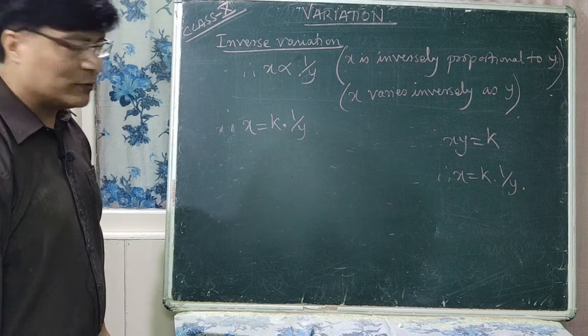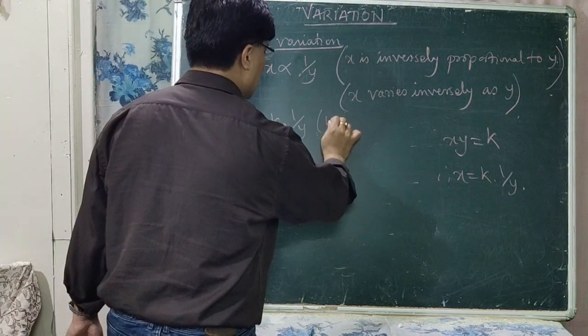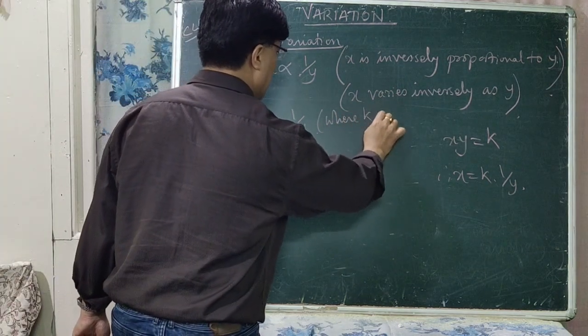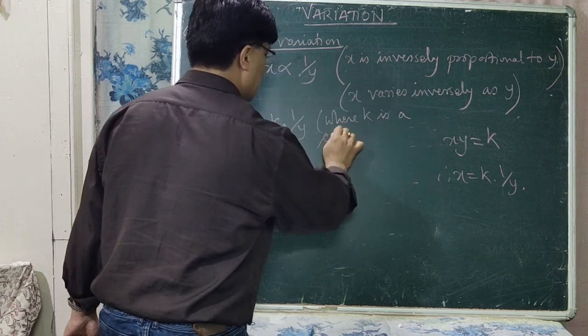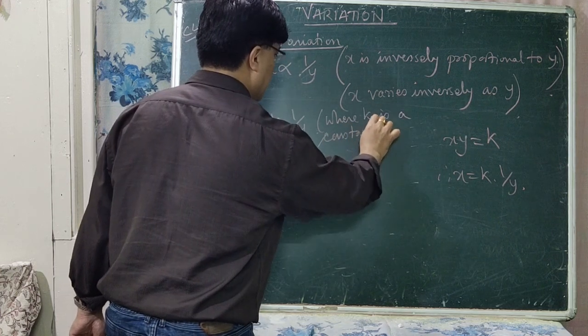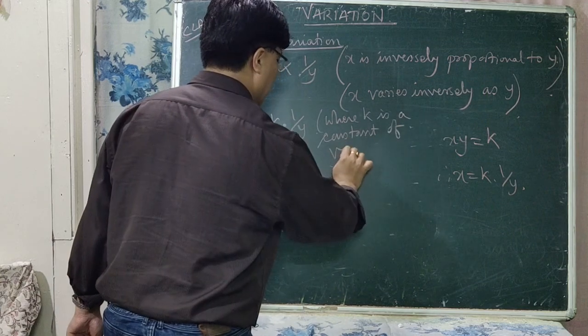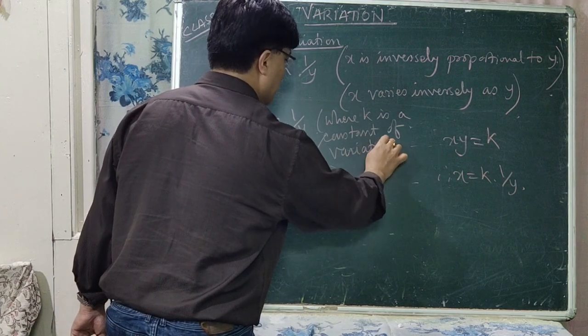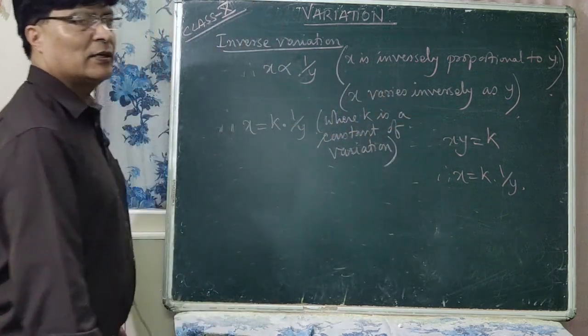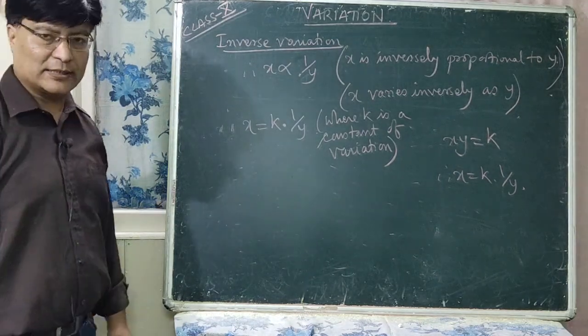Is it clear to all of you? So here you have to write where k is a constant of variation, or simply you can write where k is a constant.